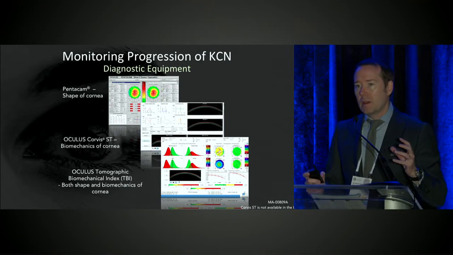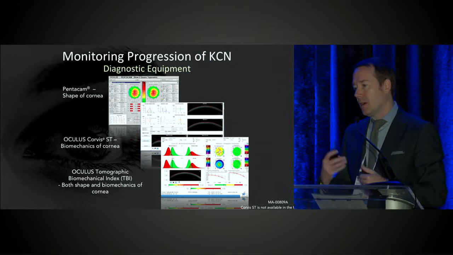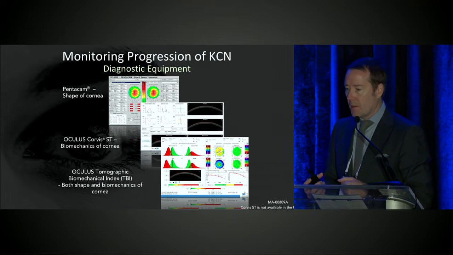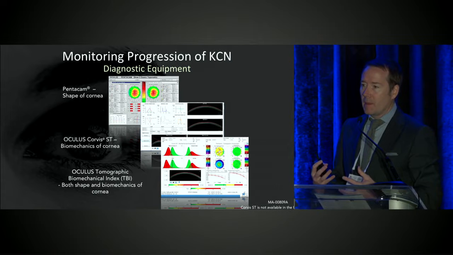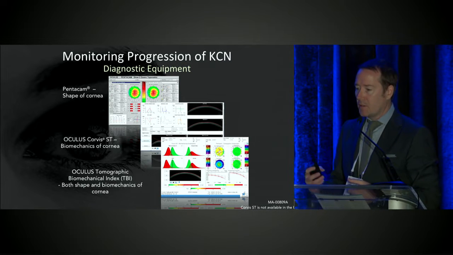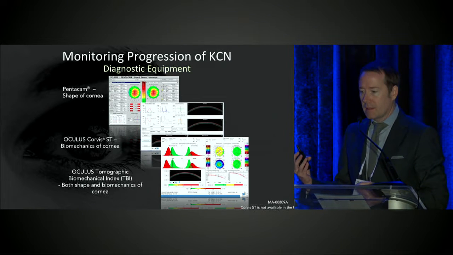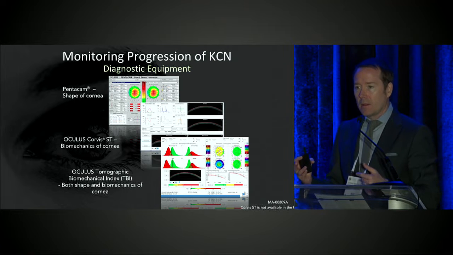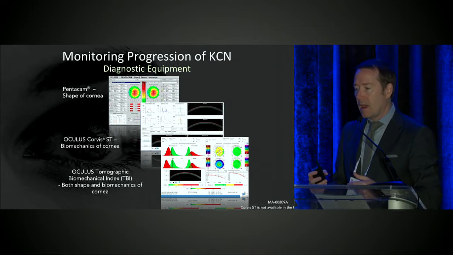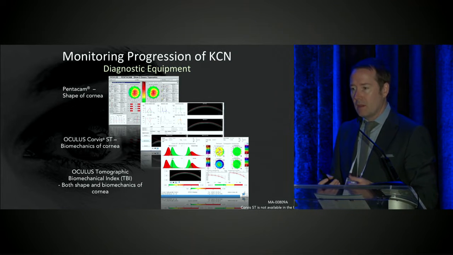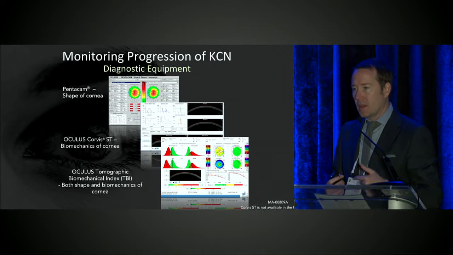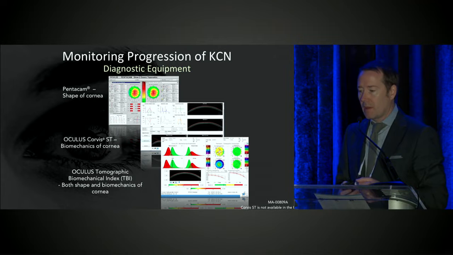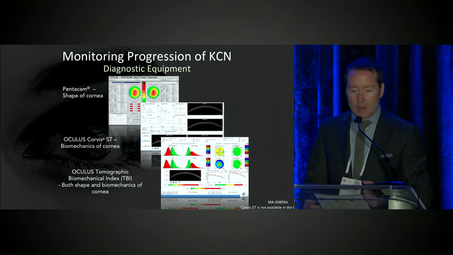So historically, we'd always looked at shape to understand keratoconus. What's coming down the pipeline is looking at strength and biomechanics, and now Oculus has developed a combination analysis of shape and strength called the Tomographic Biomechanical Index, or the TBI.